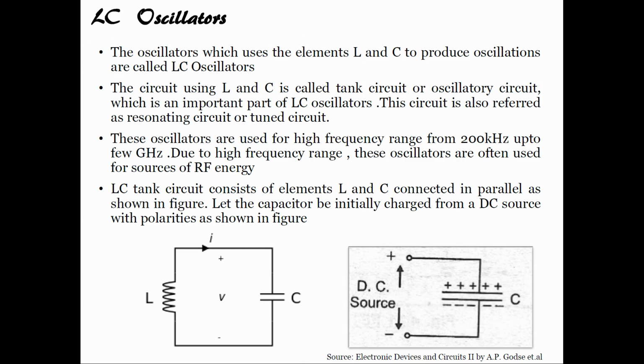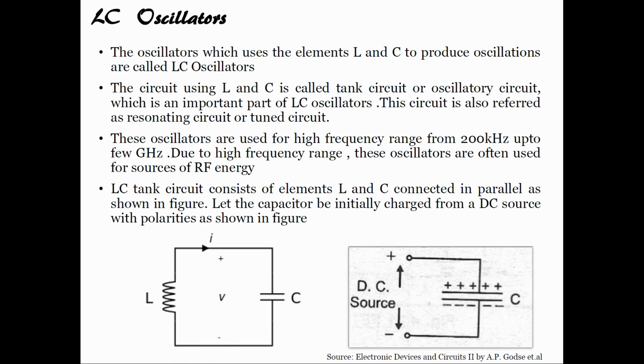These oscillators are used for the high frequency range, from 200 kilohertz to a few gigahertz. Since the frequency range is high, these oscillators are also referred to as sources of RF energy.